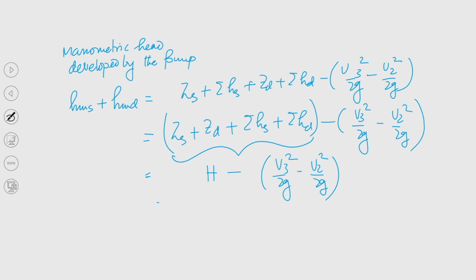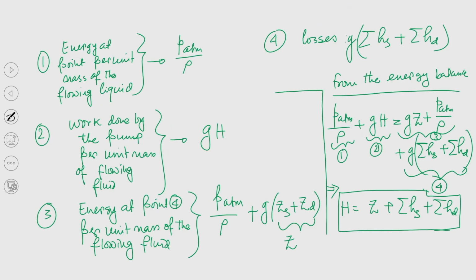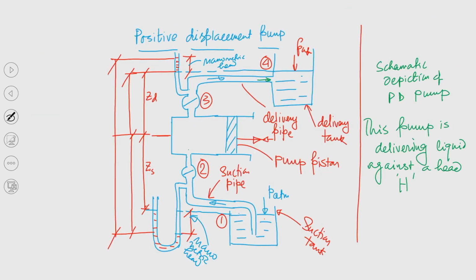As Zs plus Zd equals Z. So, if we go to the schematic depiction, you can write this is Z, Zs plus Zd, that is Z, right. And so, this is very important.